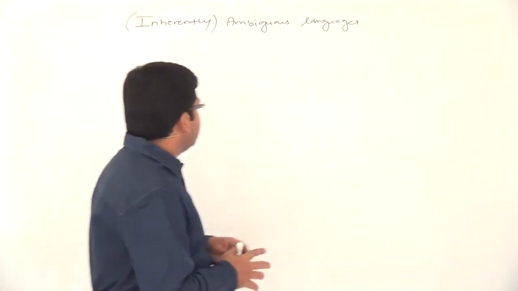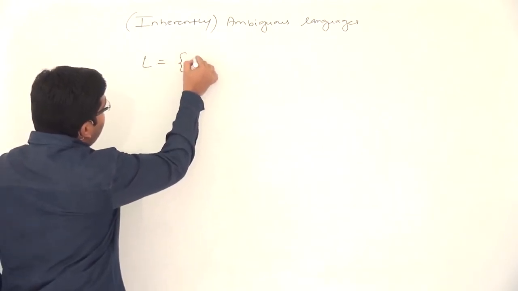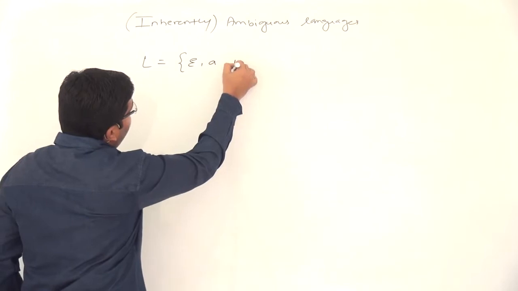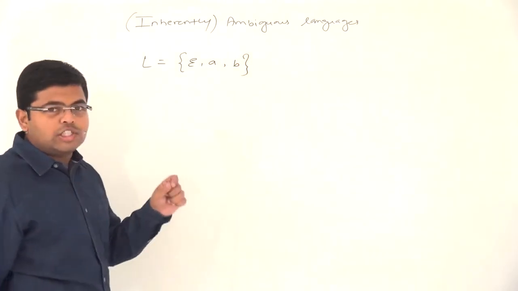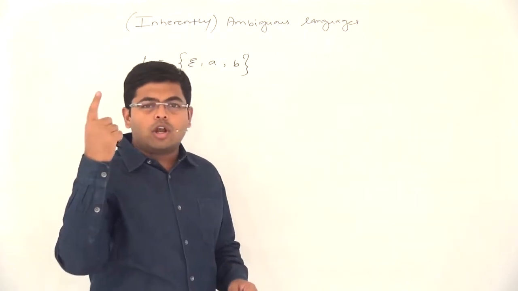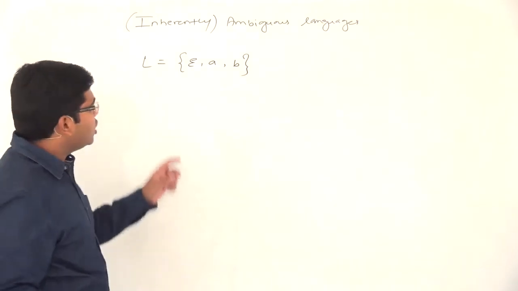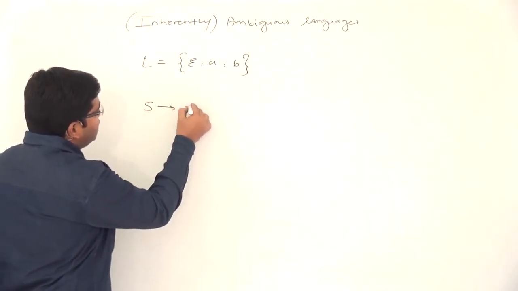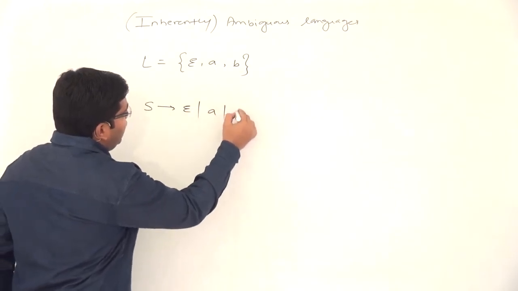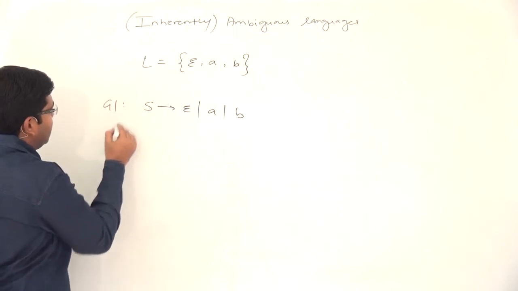Let's see an example. Consider a language L equal to {epsilon, a, b}. It's a simple finite language consisting of only 3 strings: epsilon, a and b. Let's write down certain grammars for this language. One grammar will be S produces epsilon or a or b. Call this grammar G1.